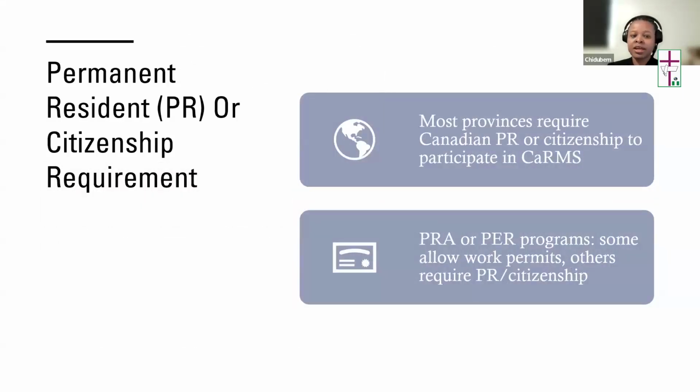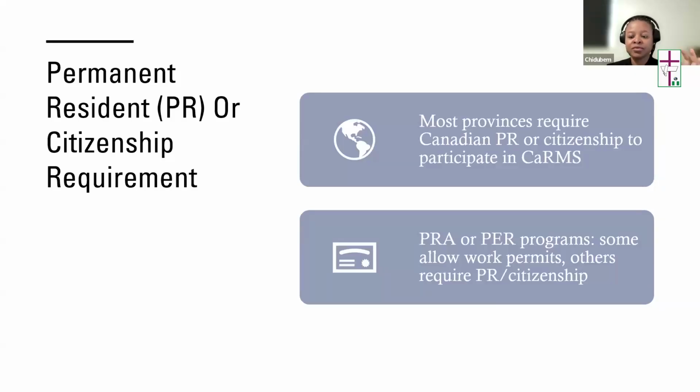Another general thing that applies to virtually all pathways is your permanent residency status or your citizenship. Most positions, especially the residency positions, require you to be a Canadian permanent resident or a Canadian citizen. For some PRA and PR programs, it varies by province. Some of them may allow work permits, but generally, most require PR or citizenship.